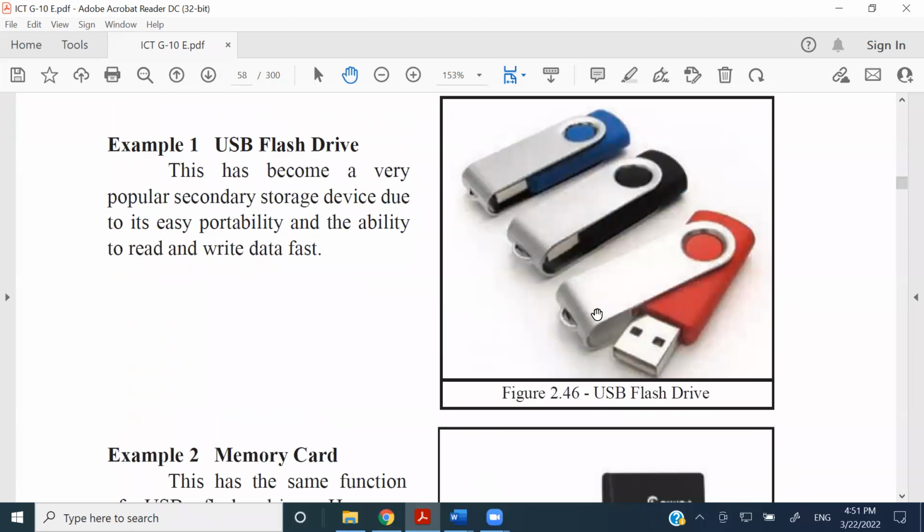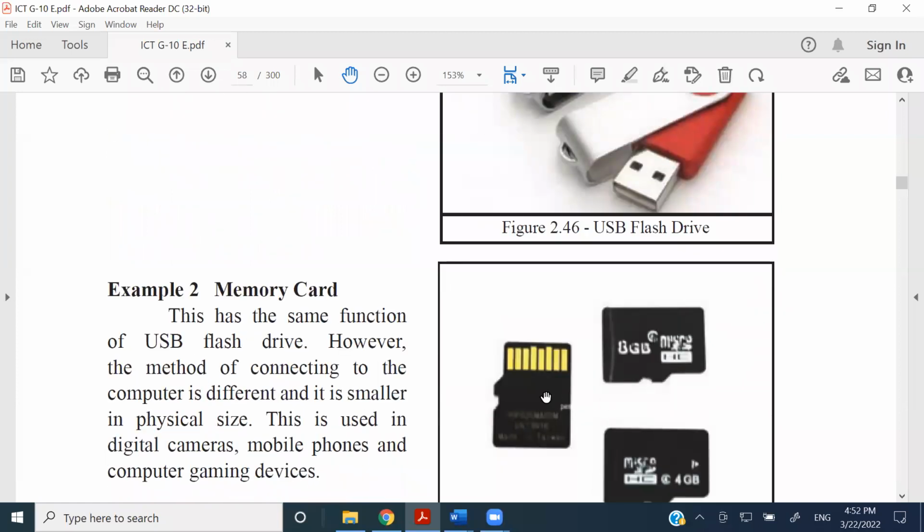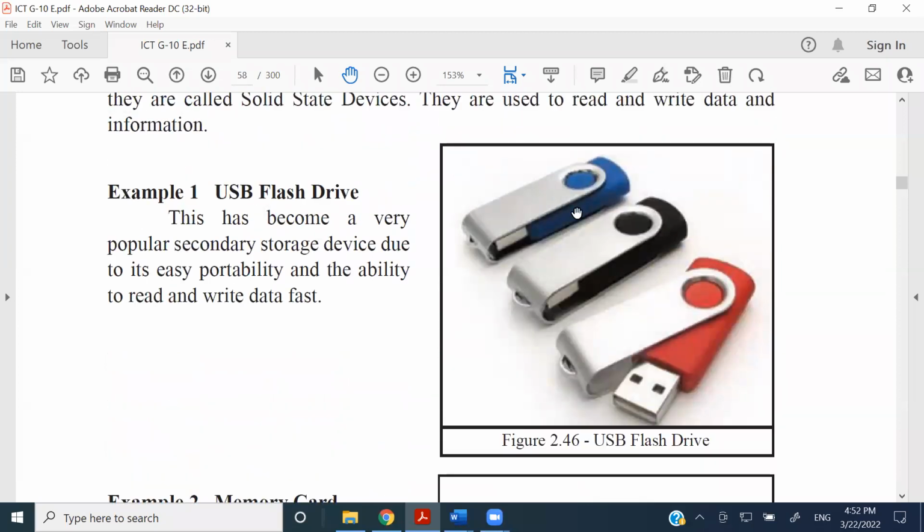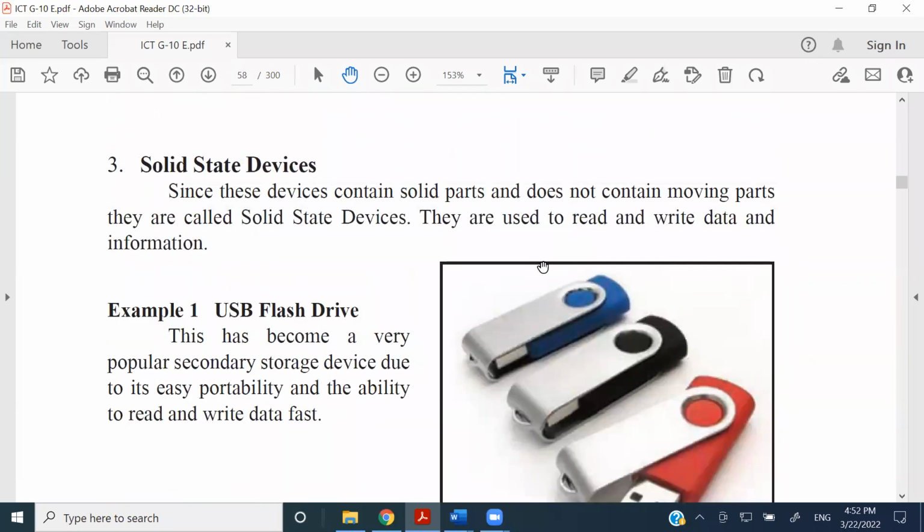We don't see anything movable in these, because the circuit is inside these little chips or this plastic casing. So it is considered a solid state device.